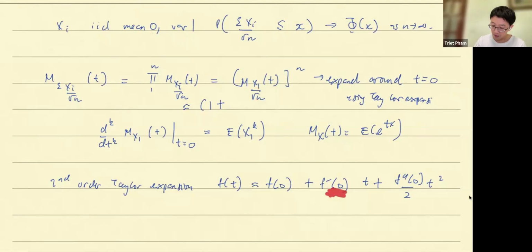So f prime here is the first moment, the mean, so it's 0. There's no first term. Xi has variance 1, but if you divide by root n, that has variance 1 over n. This is really the second moment, but because the first moment is 0, the second moment is equal to the variance, so this is 1 over n. So it's really t squared over 2n, raised to n power.